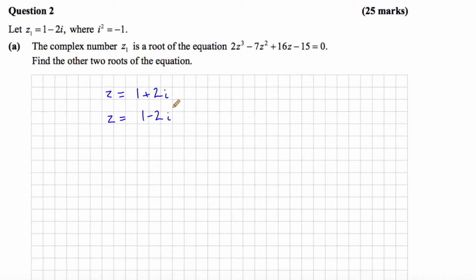So just like with quadratic equations, if you know a solution, from the solution you can work backwards and get a factor of the expression on the left. So if z equals 1 plus 2i is a solution, well then z minus all of this, in other words bringing this over to the other side, which would be minus 1 minus 2i, that's going to be a factor.